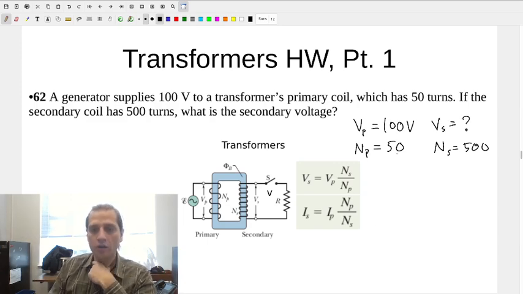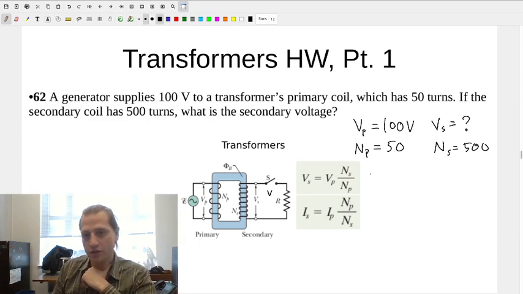Okay, now what I want you to notice is that N_S is bigger than N_P. In fact, it's 10 times bigger. And because this is 10 times bigger, that means that our secondary voltage is going to be 10 times bigger than the primary voltage. So it really is that simple. Our primary voltage was 100 volts.